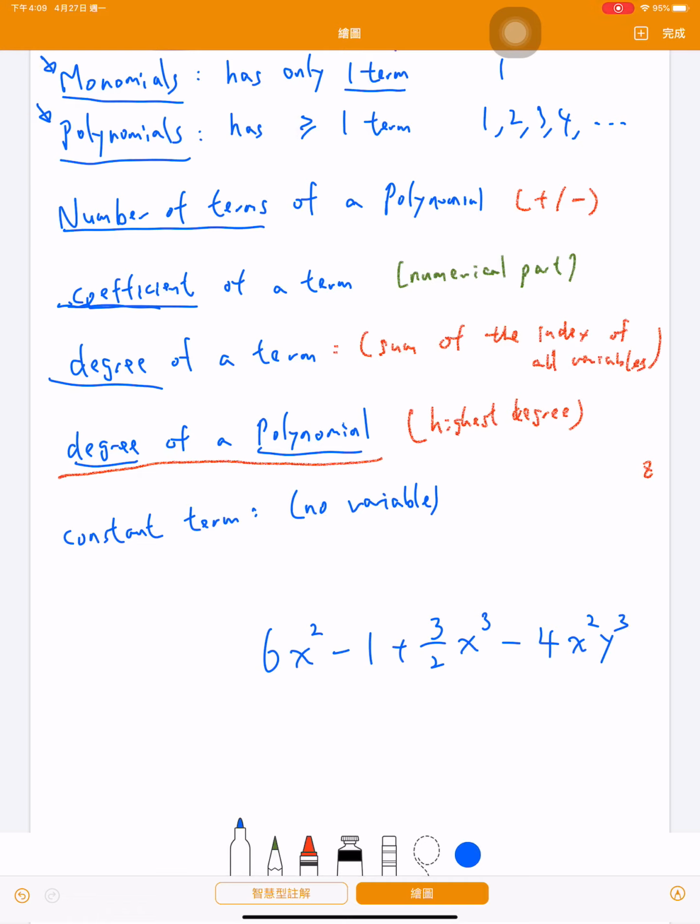You can see for this one, we have 1, 2, 3, 4 terms. So the number of terms is equal to 4.